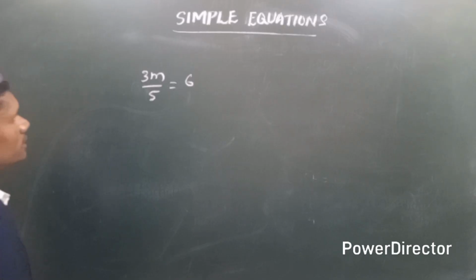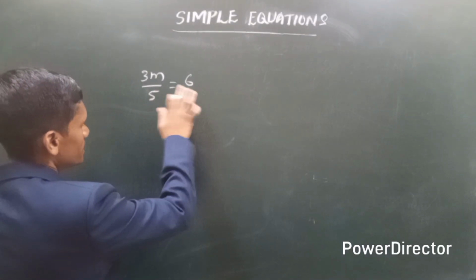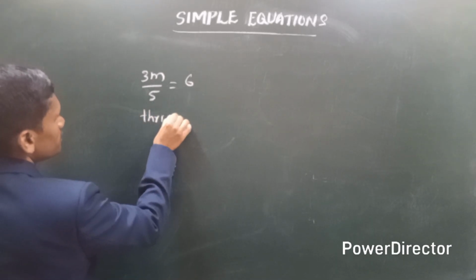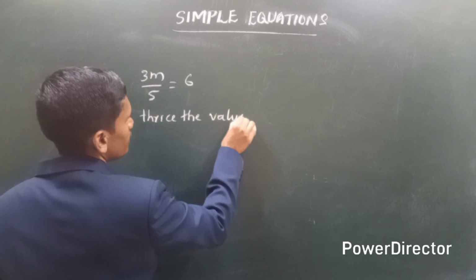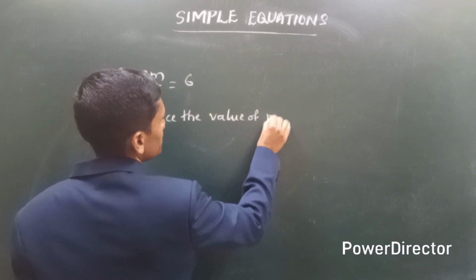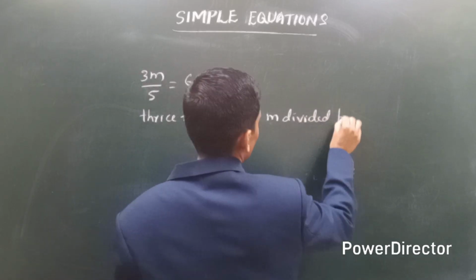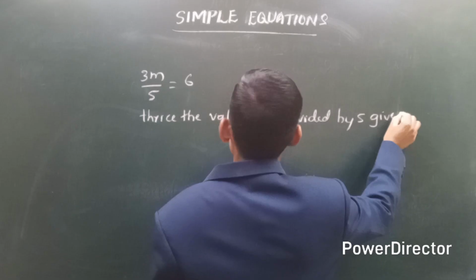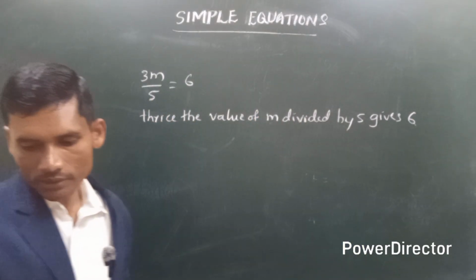Otherwise, thrice the value of m divided by 5 gives 6. This is how you can write a statement for that.